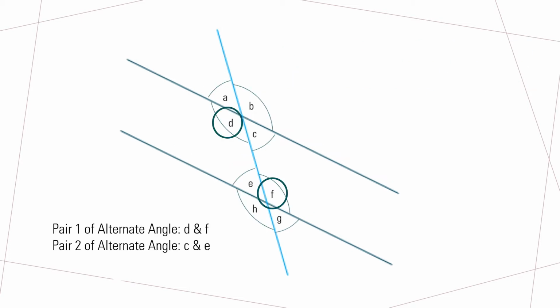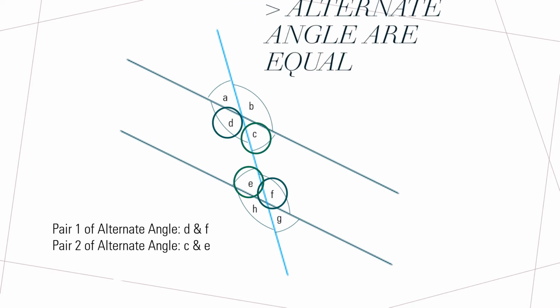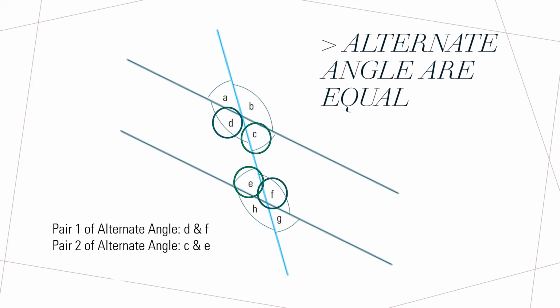Angle D and F, angle C and E are called alternate angles. They too are equal, just like corresponding angles. Also, please remember, alternate angles are always between the parallel lines.